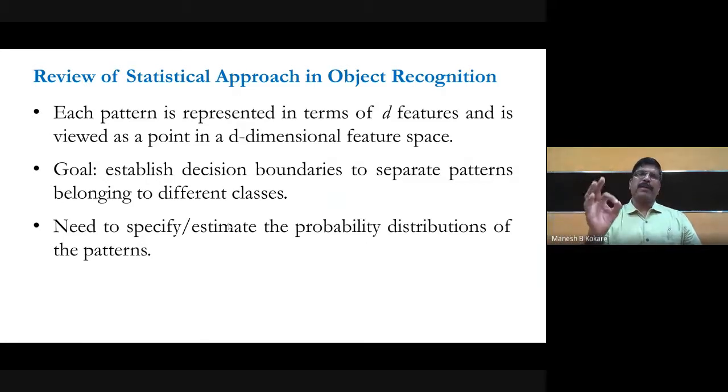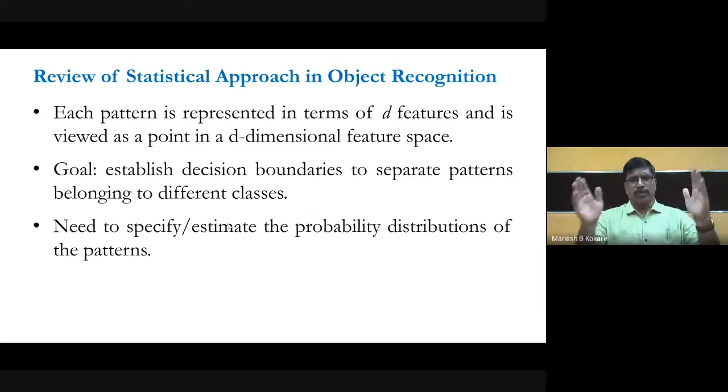Each pattern is represented in terms of D features, meaning the number of features extracted from that pattern is D. Suppose you have extracted D features, and if D is equal to 10, the feature vector size will be 1 by 10, and the feature space will be a 10-dimensional feature space, because each feature will be represented on one axis.